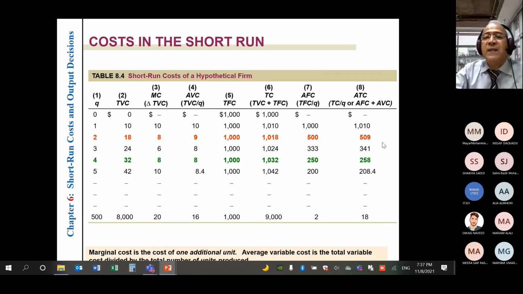Or find the sum of the two averages: average fixed cost 500 plus average variable cost 9. So you will get average total cost. So again, if Khalid said this kilo, I mean the second kilo, costs me 509, he's thinking about part of the rent and part of wages.